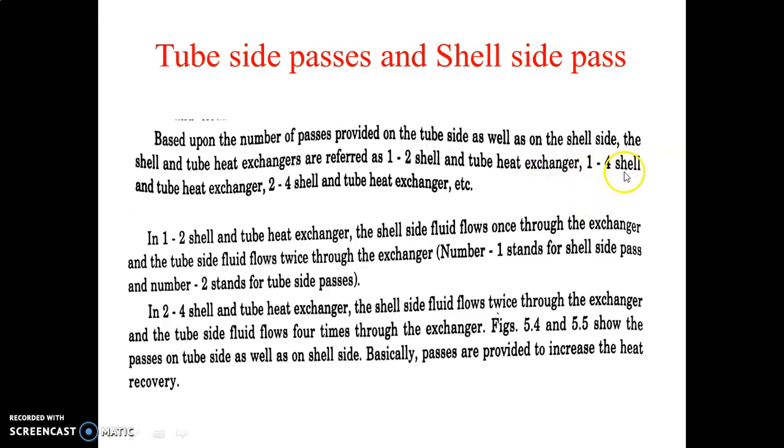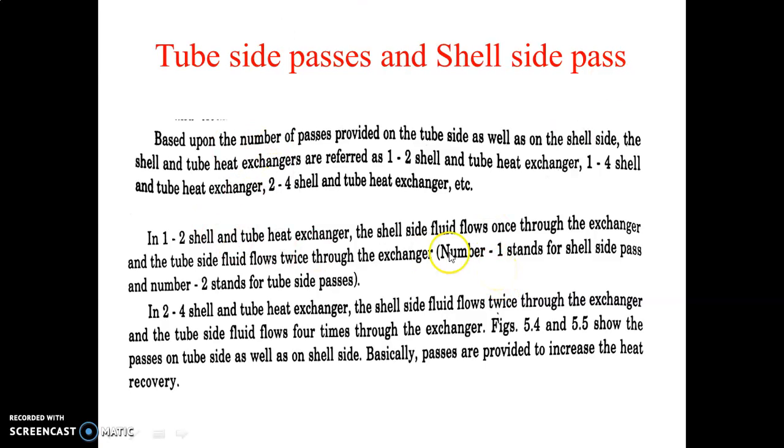Sometimes it is called a 1-4 shell and tube heat exchanger. And sometimes it is called a 2-4 shell and tube heat exchanger. So what is the meaning of that? How can we name the heat exchanger, 1-2, 2-4, 1-4, like that?